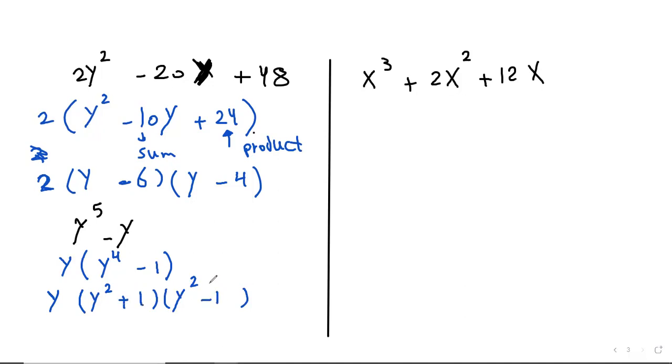We haven't finished yet because y to the power of 2 minus 1 can be factorized as y plus 1 and y minus 1. So we ended up with y multiplied by y to the power of 2 plus 1 multiplied by y plus 1 multiplied by y minus 1.